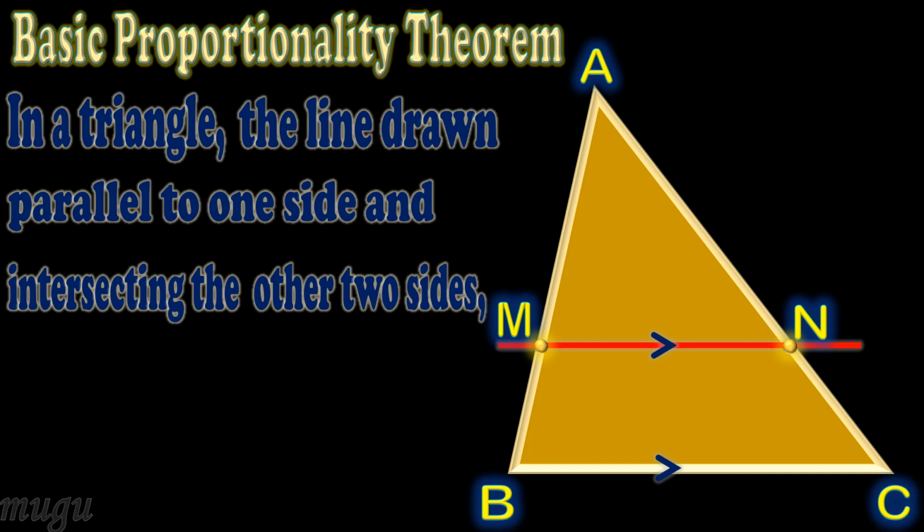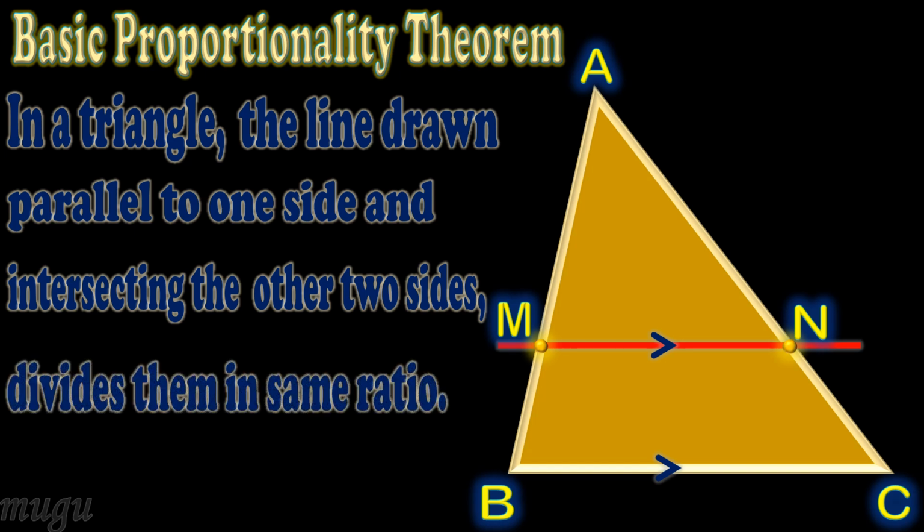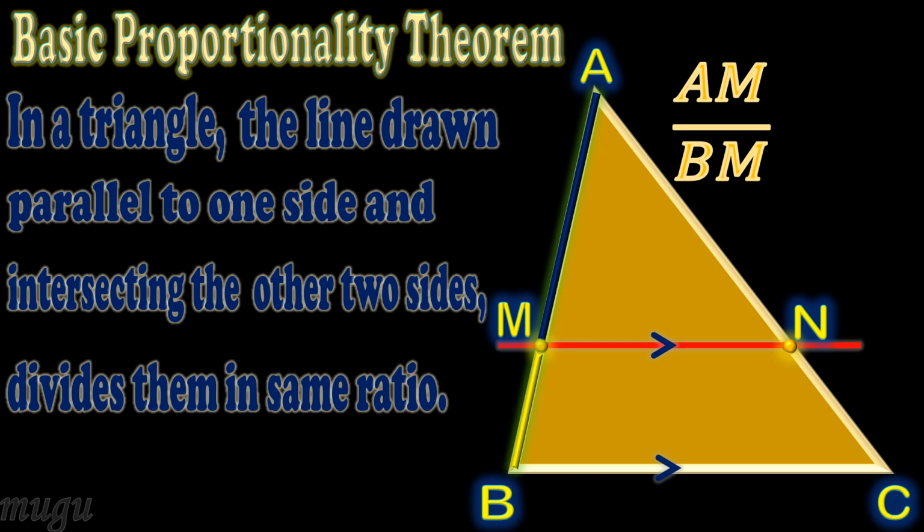So I'll sum it up. In a triangle, the line drawn parallel to one side, that is BC, and intersecting the other two sides, that is AB and AC, divides them in the same ratio. So let me explain. The line MN divides the side AB into two pieces, that is AM and MB, and it creates a ratio, AM by MB.